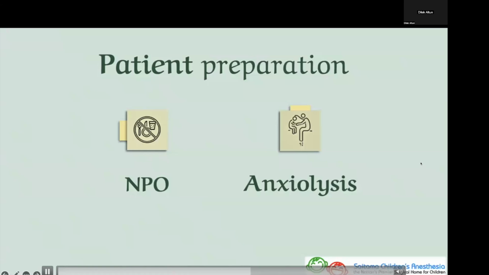These patients often have significant anxiety, which can increase heart rate, blood pressure, and oxygen consumption. Providing anxiolysis through mild sedatives or behavioral techniques helps reduce stress while maintaining stability. Finally, regardless of whether the Cath Lab is outside the OR, patient safety must be the top priority, following OR safety standards and ensuring all necessary preparations are made.